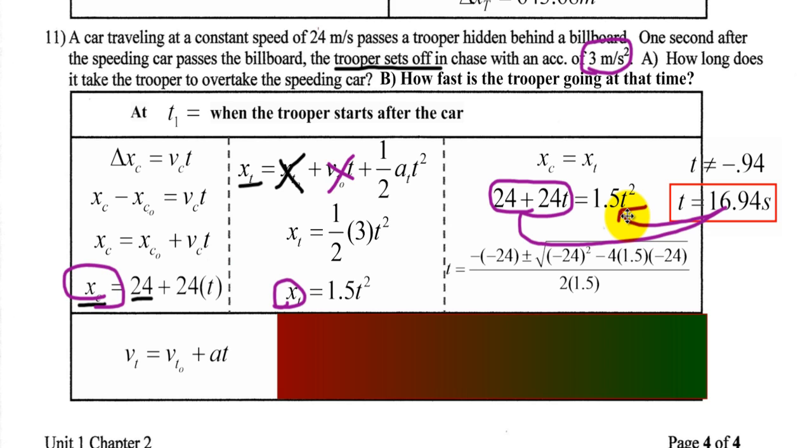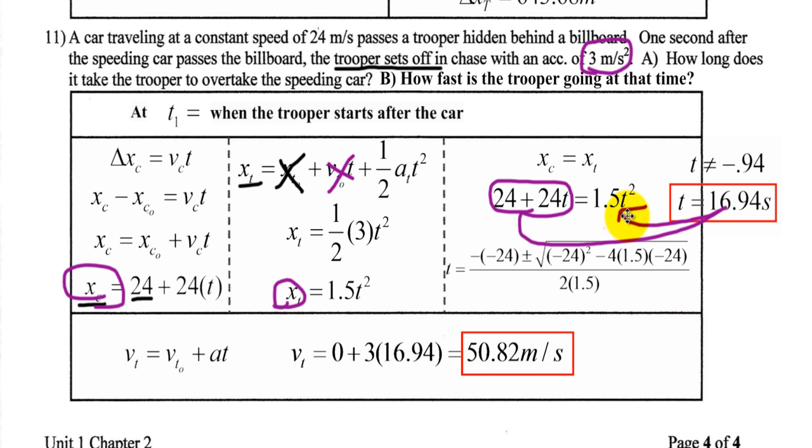If you wanted to know the position, you'd plug in the time and you could find that position where they catch up to each other. But part B wants to know how fast is the trooper going. Well, we know that he started from rest. He had an acceleration of positive 3, and he traveled for a time that we've just figured out is 16.94 seconds. So we can solve for that final velocity of the trooper, 50.82 meters per second.